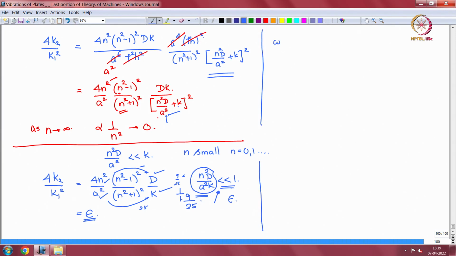Then omega n1 square can be written as k1 by 2 into 1 minus square root of 1 minus epsilon. And epsilon is a small quantity. If I do a binomial expansion of that, I get k1 by 2 into 1 minus epsilon by 2. So I get k1 epsilon by 4.